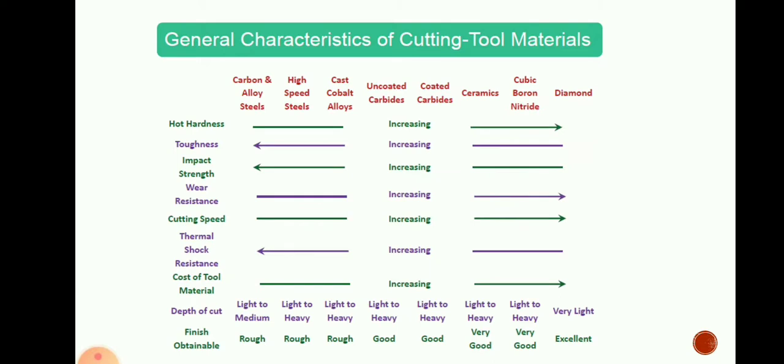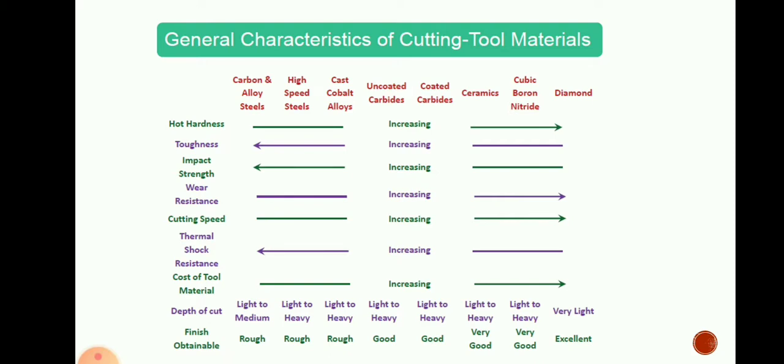So general characteristics of cutting tool material for various tools is shown in this chart. So firstly you can observe the horizontal lines in which the carbon and alloy steels, secondly high speed steel, thirdly cast cobalt alloys, uncoated carbides, coated carbides, ceramics, then cubic boron nitride and diamond. These are the types of cutting tool materials having the properties shown in that vertical column.